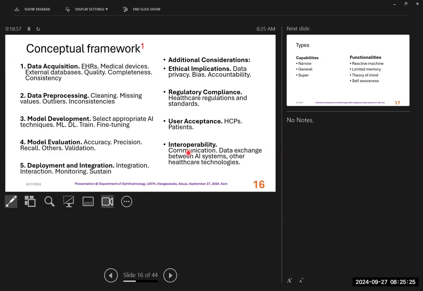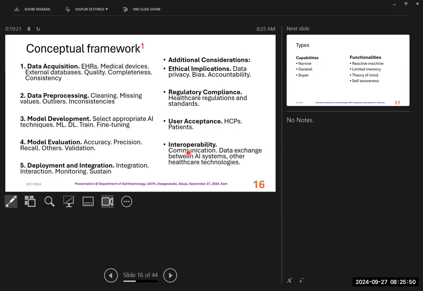Then regulatory compliance. The AI or robot we have developed, is it complying with Medical and Dental Council regulations? Is it complying with NAFDAC regulation? Is it in line with what the National Health Research Ethics Committee wants? All those things, we still need to look at.